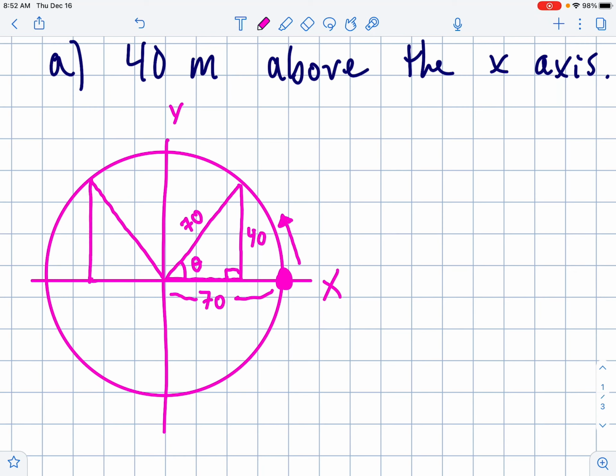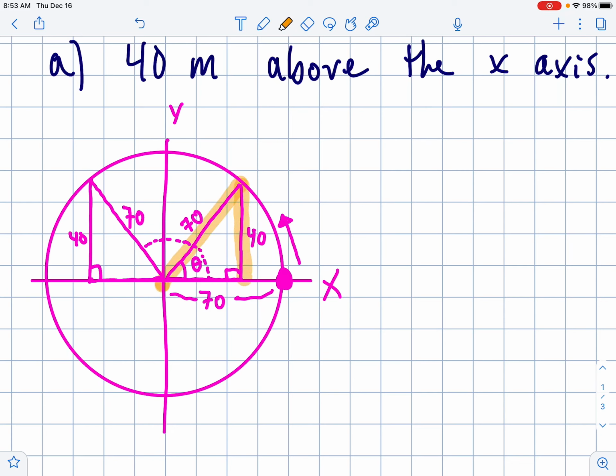So somewhere over here, there will be another spot where it hits 40 again, where this is 70, this is 40. But then the theta is not going to be right here. The theta will be all the way from the x-axis over to here. So there's actually 2 different spots where this hits a height of 40 meters off the x-axis.